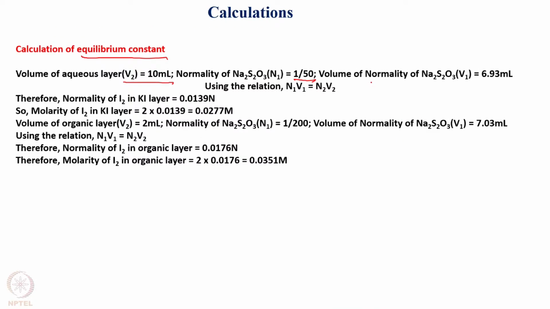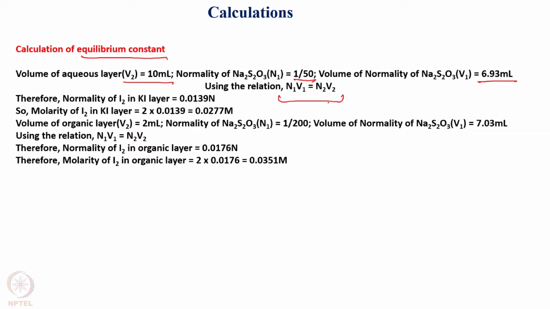These are the calculations that we will be doing in order to calculate the equilibrium constant. The volume of aqueous layer is 10 ml, the normality of sodium thiosulfate is N by 50, and the volume of Na2S2O3 that we have used is 6.93 ml.